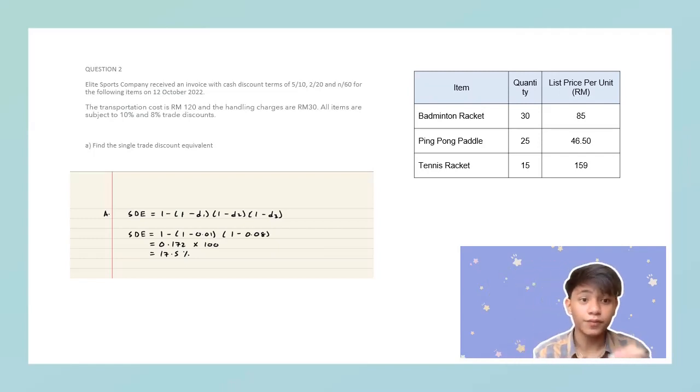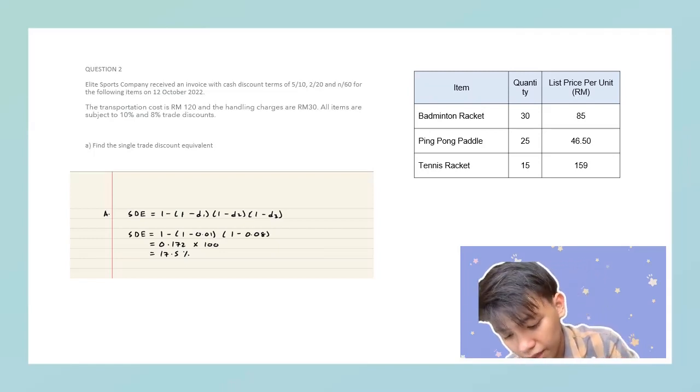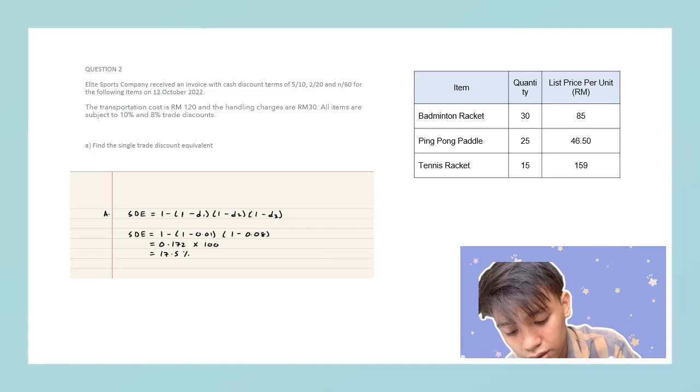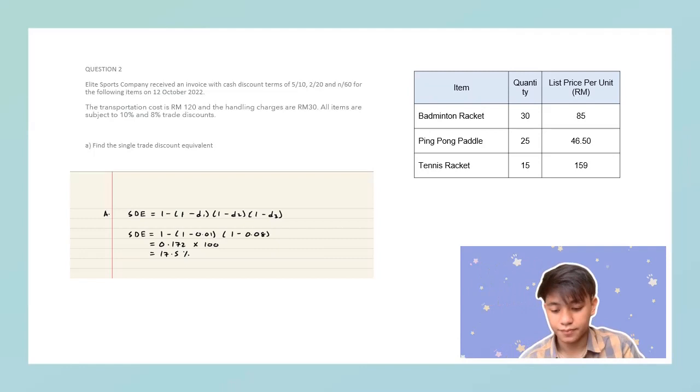From the formula, we fill in the discounts so we can find the single trade discount equivalent. SDE equals 1 minus open bracket 1 minus 0.1 close bracket open bracket 1 minus 0.08 close the bracket.